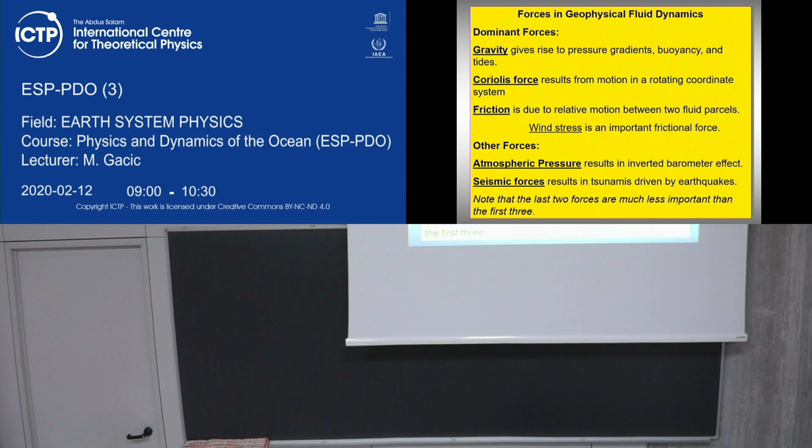A tsunami appears only in association with an earthquake, and you probably have heard that the tsunami has different time scales with respect to, for example, the barometer effect.